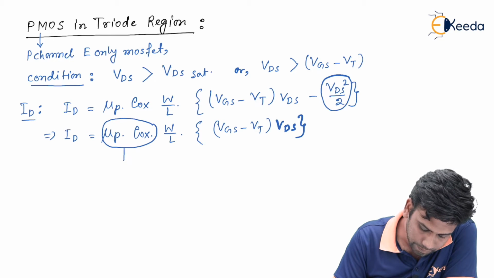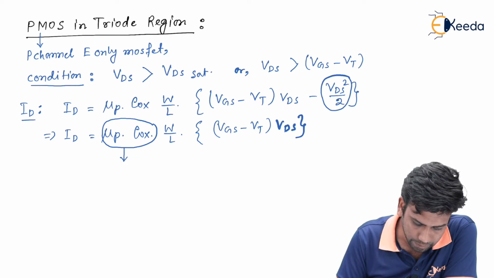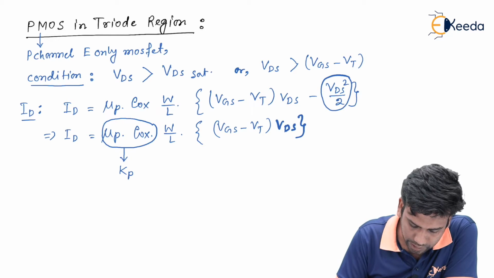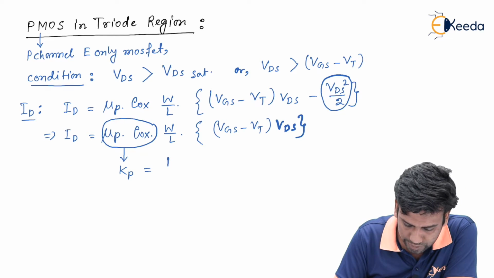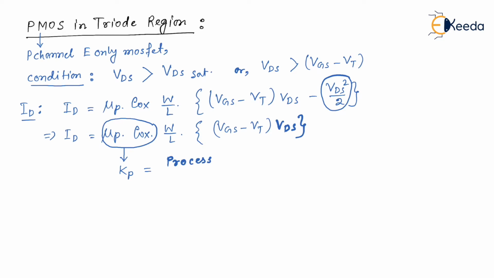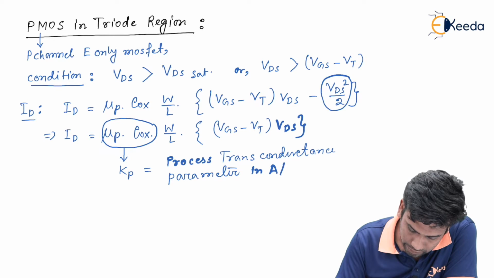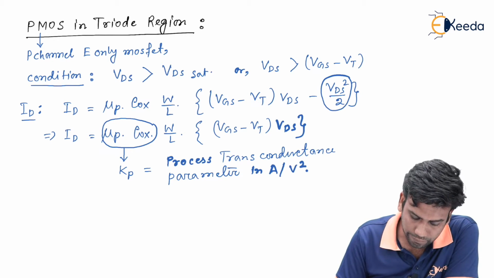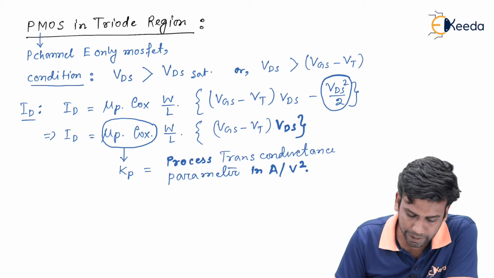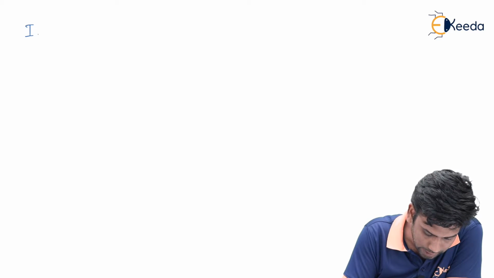So we can term this constant by a single constant Kp, where Kp is the process transconductance parameter of the PMOS in ampere per volt square.